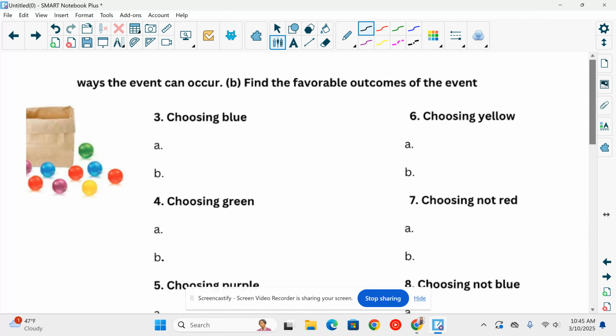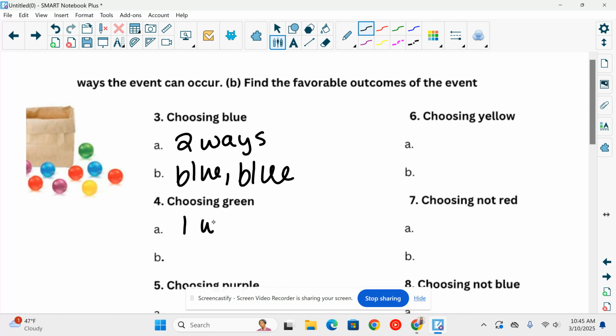So choosing blue. How many ways can we choose blue? Two ways. And to choose blue, we either have to choose a blue or a blue. How many ways are there choosing green? One way.